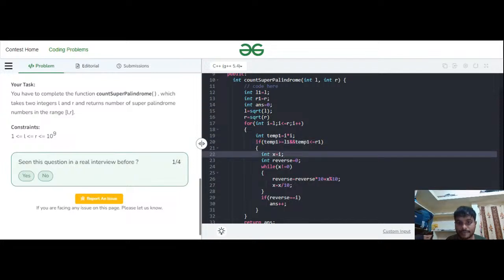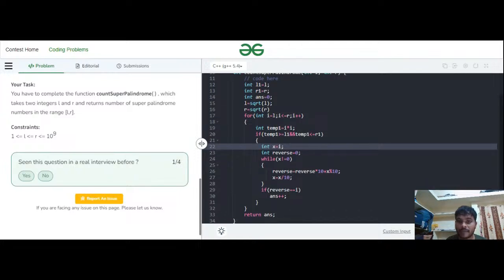Now guys, here these are all square numbers, right? So here I am changing the algorithm a little bit. We have to check that number. Here temp 1 is that number. So instead of that we have to put temp 1.